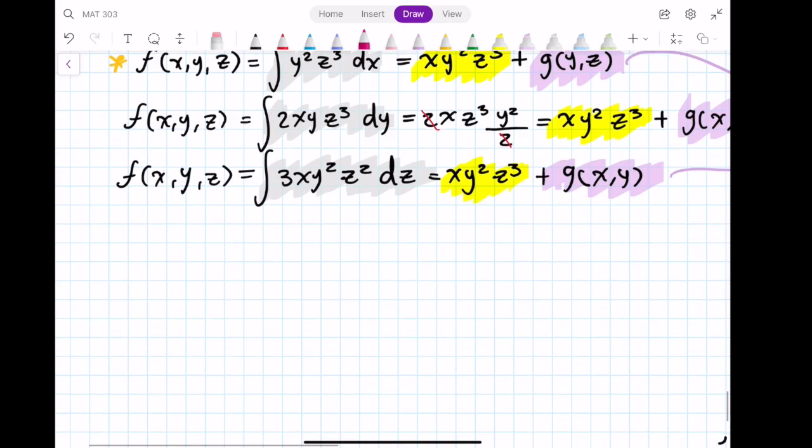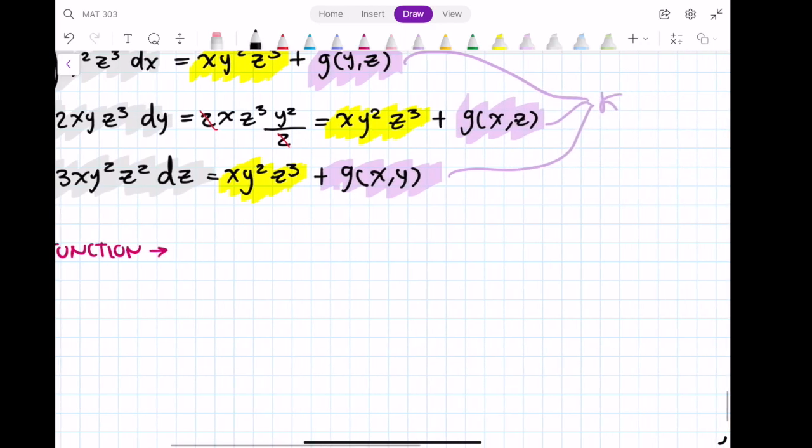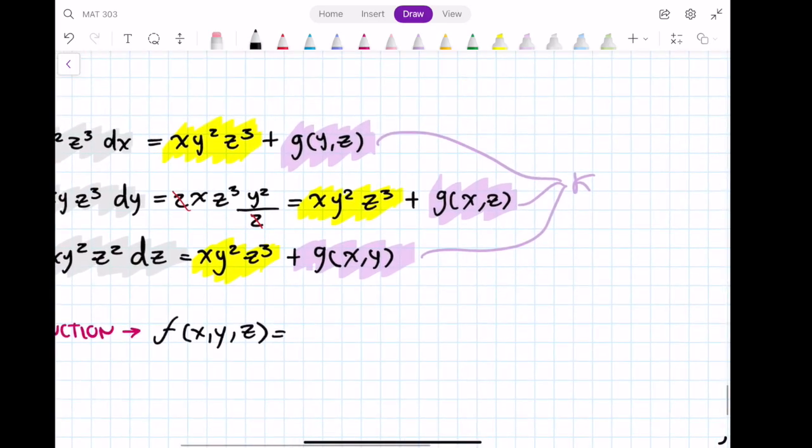So for our potential function, we got f of x, y and c is equal to xy squared c cubed plus k, right?